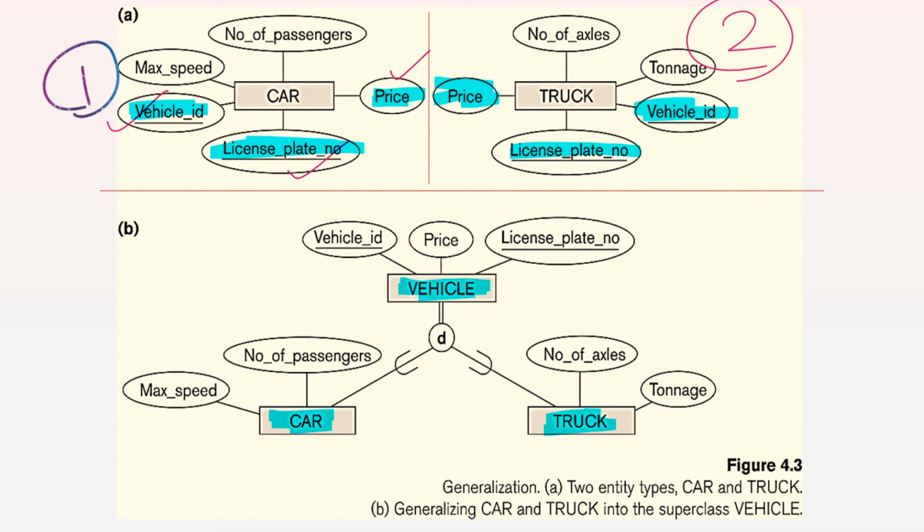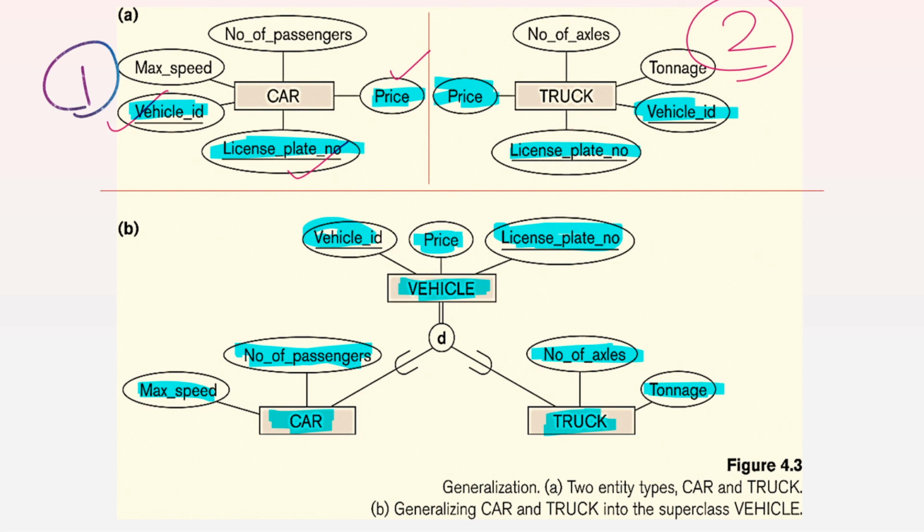Now they are bounded to these three features, meaning they need to define these three features. Along with these three features, they may have some specialized features. For example, car is having max speed and number of passengers as specialized features. In the same way, truck is having number of axles and the tonnage as separate, specialized features.